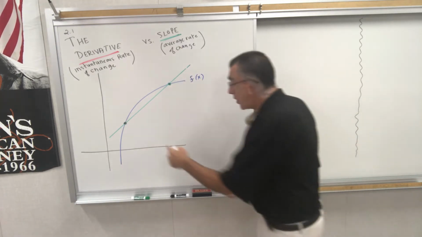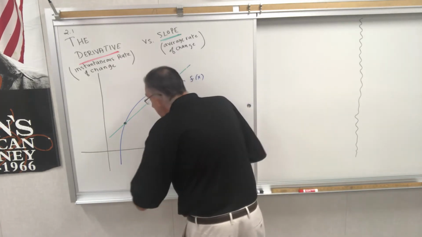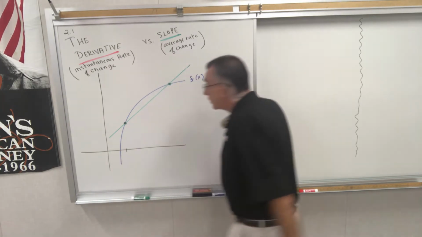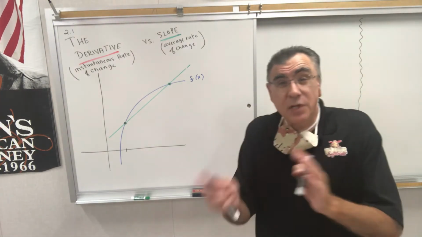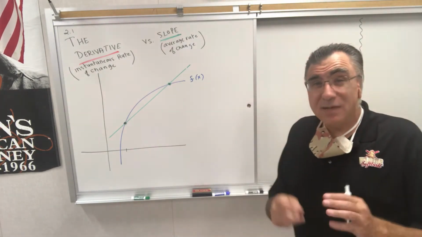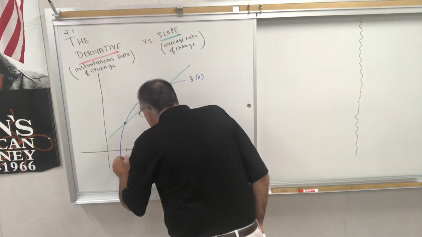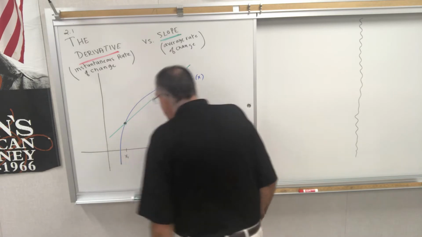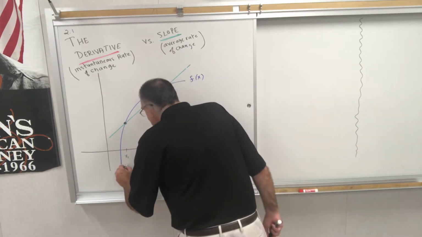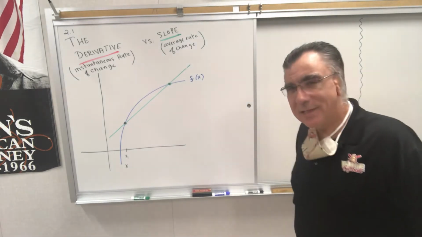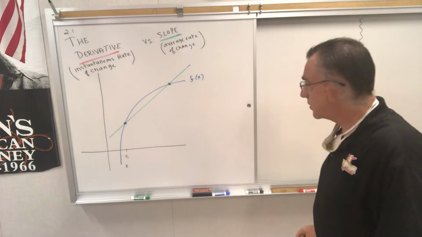So I've got 1 point on the function here, and now here's the thing. We're going to give it a couple different names. The name we normally use and the name that we sometimes use, okay? We're going to call this x1, or we're going to call it x, just depending on the way we're going to do the question later. Okay, so you got to try to, okay, let's call that x.